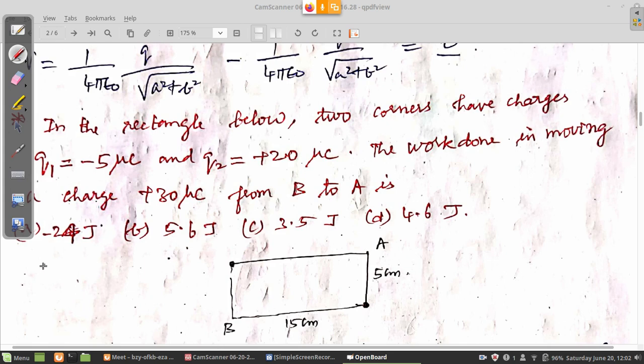First step is your W is equal to Q into VA minus VB. Q is 30 microcoulomb.